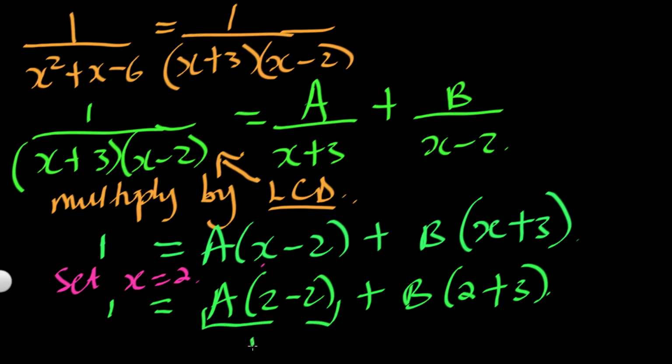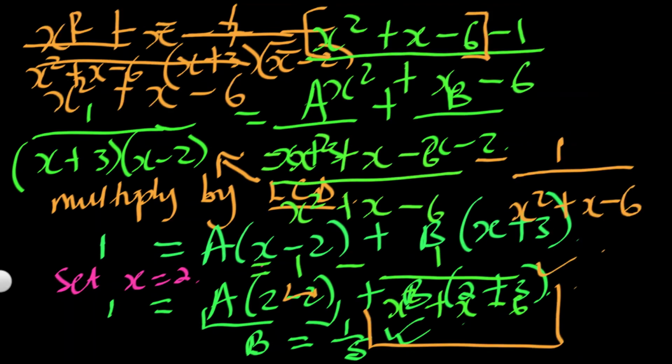So B, in short, is going to be 1 over 5. B is 1 over 5. Good. Now let's go and look for A. We're going to use the same.